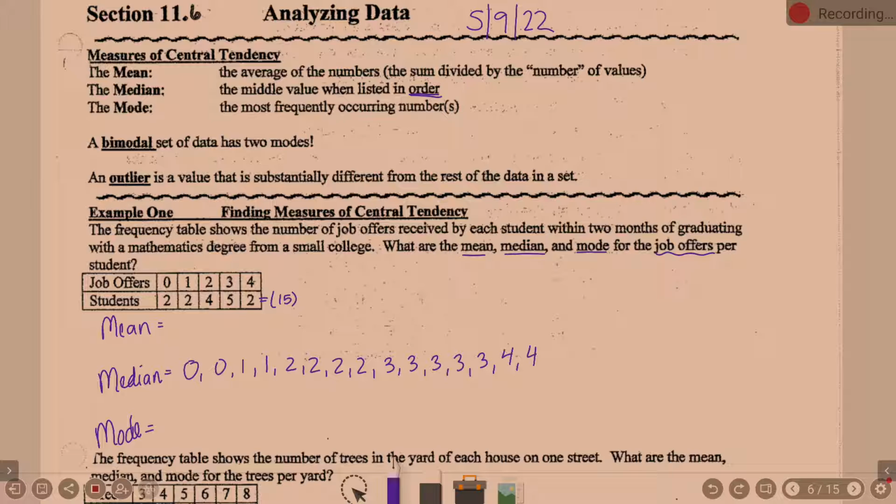Did we find it somehow or another? Did we get a middle number there? So we have a median of 2.